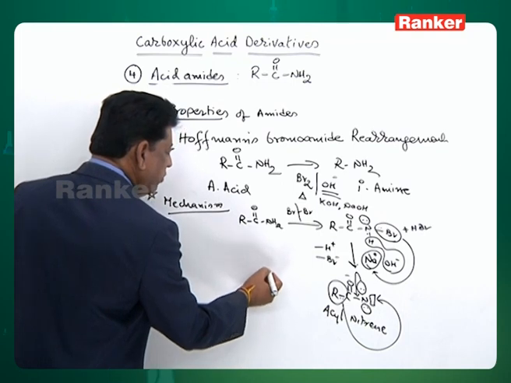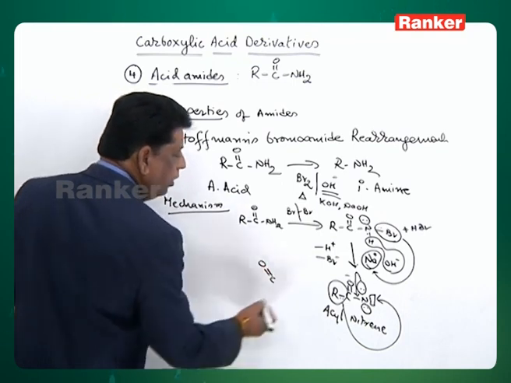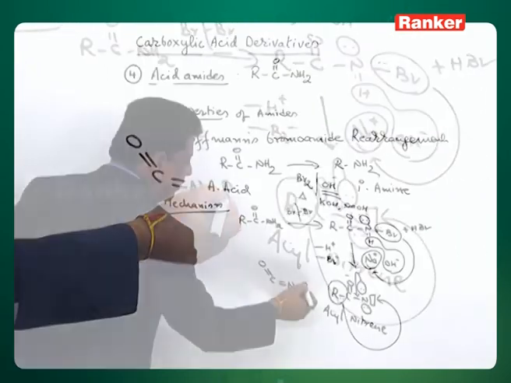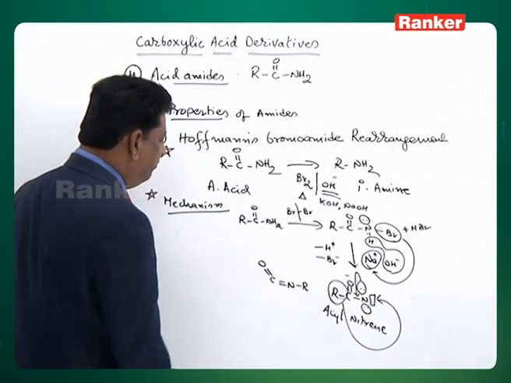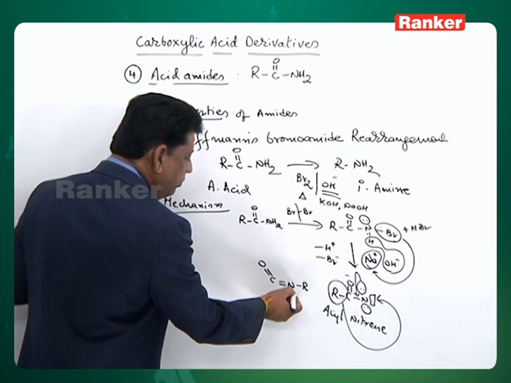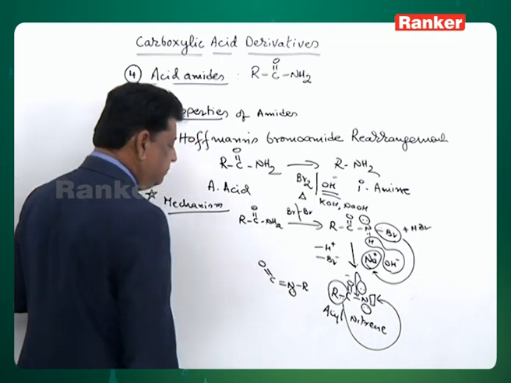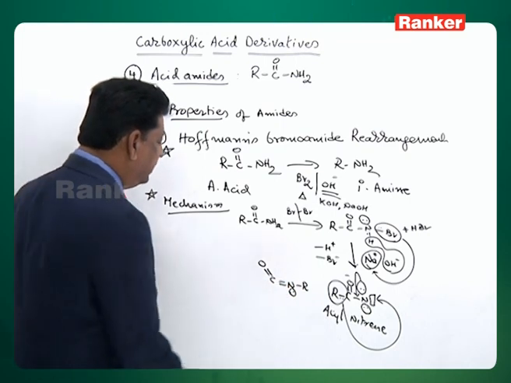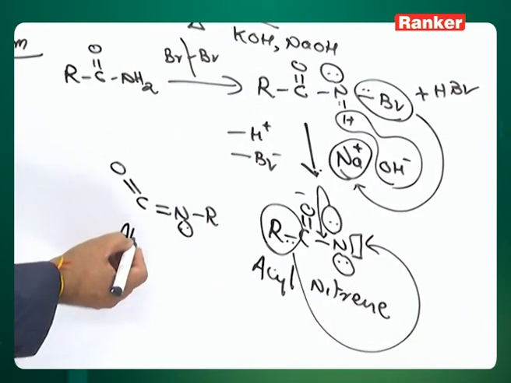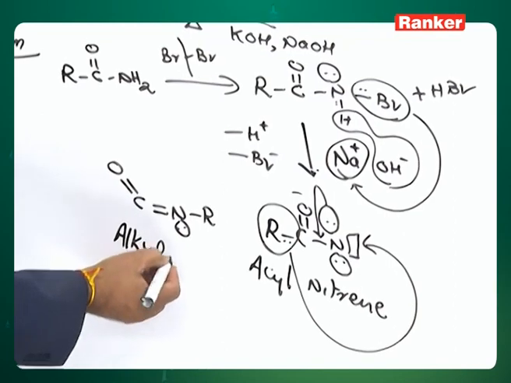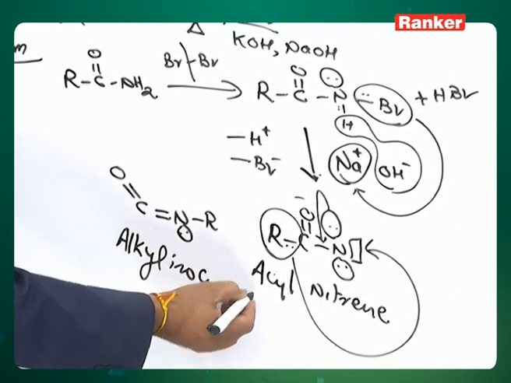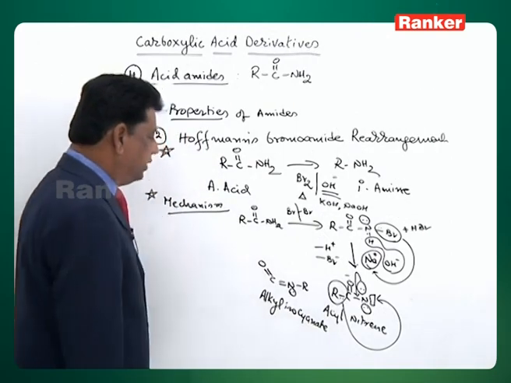So, what happens now is that the original C=O remains, the N and C get a double bond, and this R is now on nitrogen. One pair will be as it is. Now R will have an N=C=O bond. This is called another intermediate product, alkyl isocyanate.